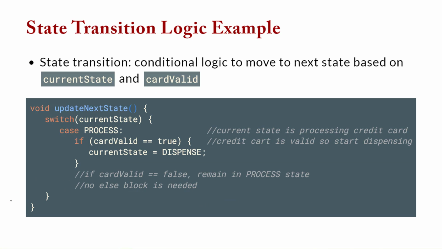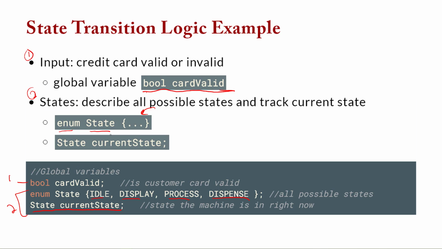Okay. Now, how do we determine the logic, the state transition? That's an important part. Well, we simply have a switch statement. We say switch current state. Remember, current state was the current state I was in. And we have our case process. Remember, where did that come from? Here was our process. Okay?